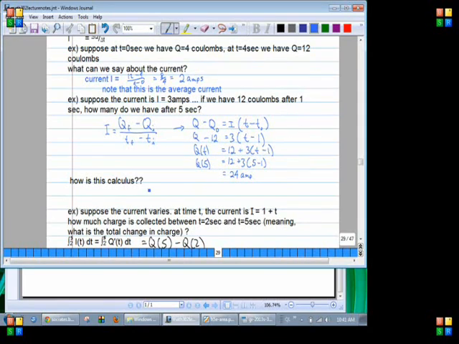So we know that Q equals the integral of Q prime. We're just going to integrate 3 dt. So Q equals 3t plus c. But we also know that at 1 second you have 12 coulombs.